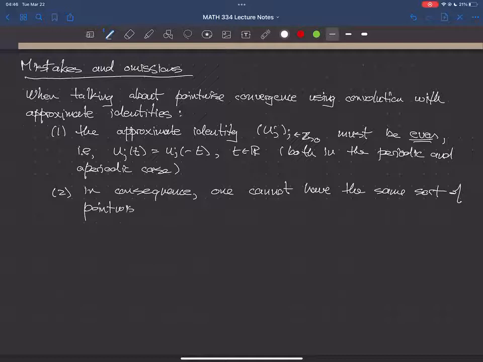You can have other kinds of pointwise convergence results, but just not in the form that we stated last time. Okay. So I omitted a hypothesis here, and this hypothesis, moreover, ensures that one of the things I said was true is not true. Okay, so those are the mistakes, or at least the ones that I could think about afterwards.